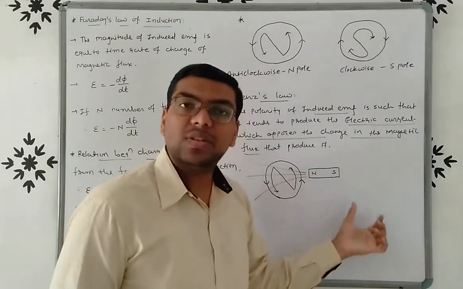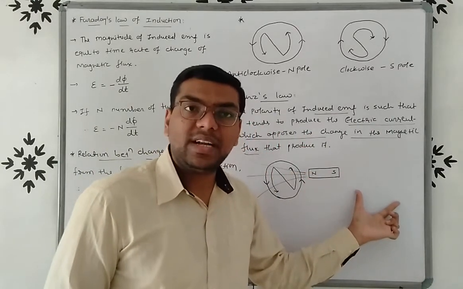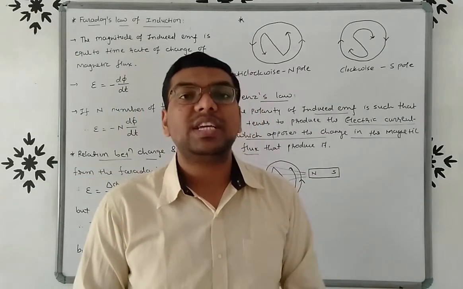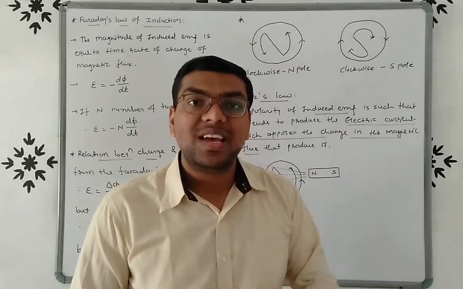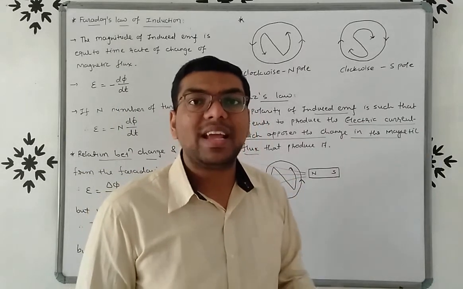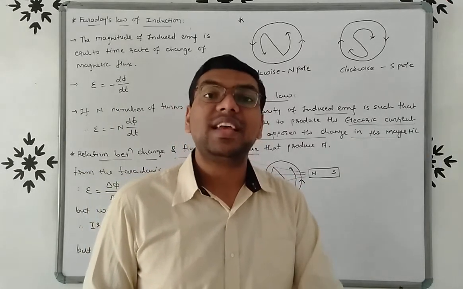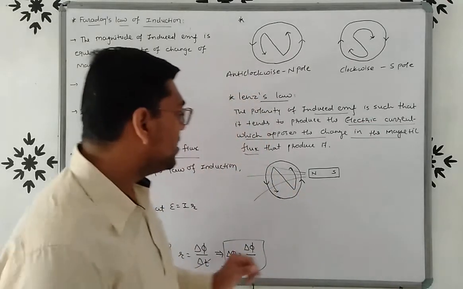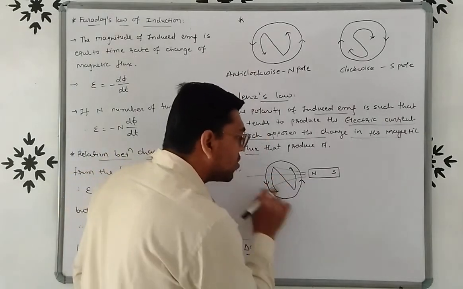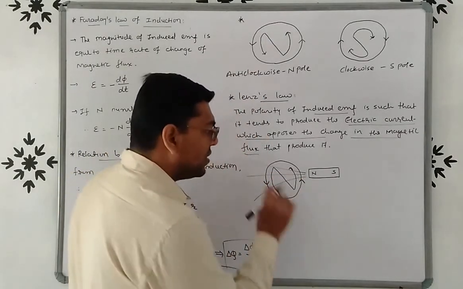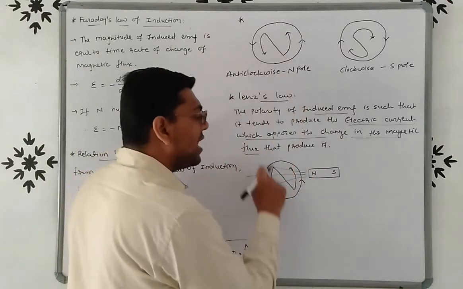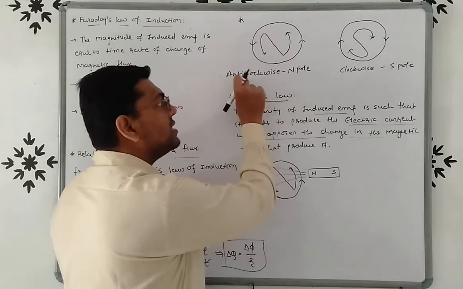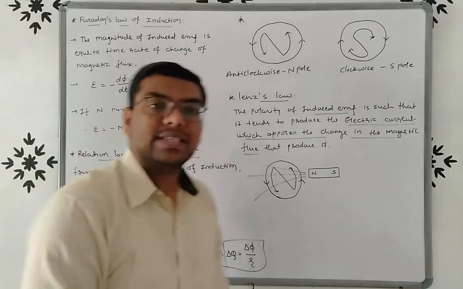So to oppose this, the coil acts as a north pole. So the current passing in this coil is in the anti-clockwise direction.